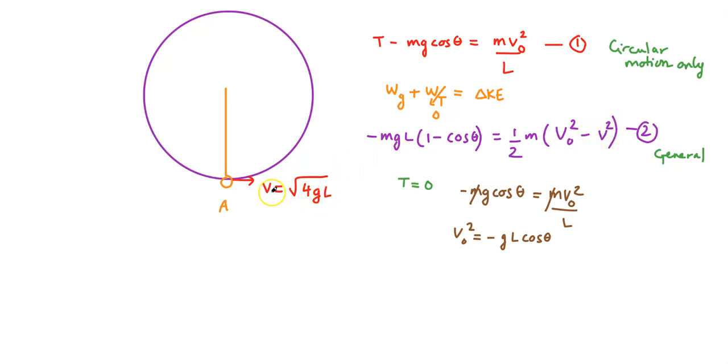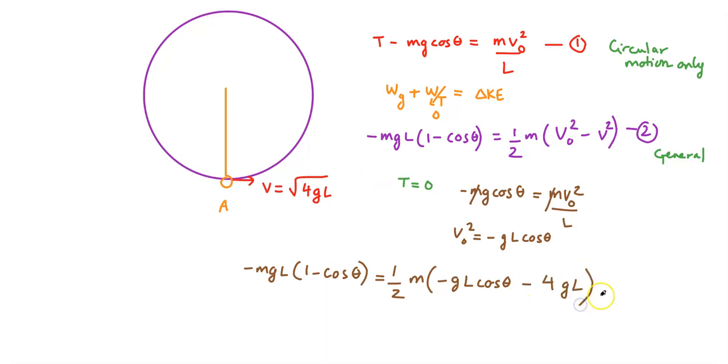Substituting V and v0, we get minus mgl times (1 minus cos theta) equals half m times (minus gl cos theta minus 4gl), right? So the m will cancel, the g and l will also cancel here.